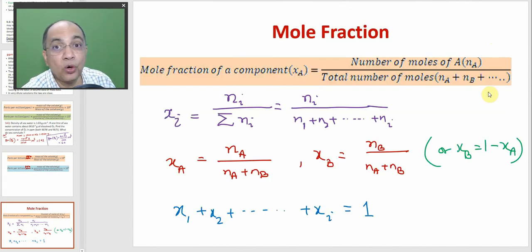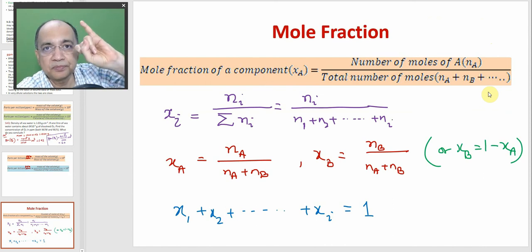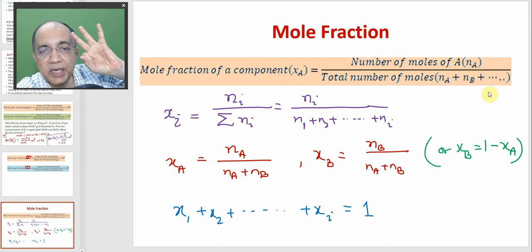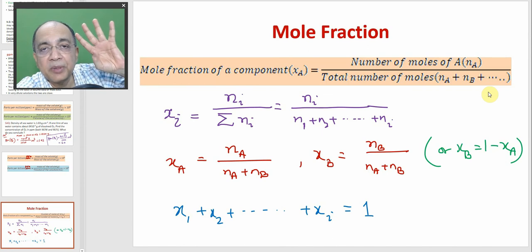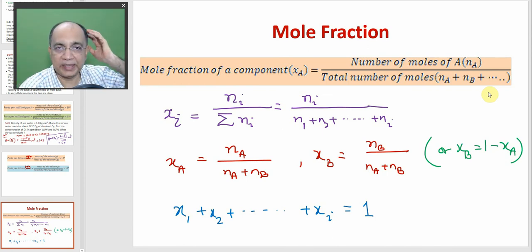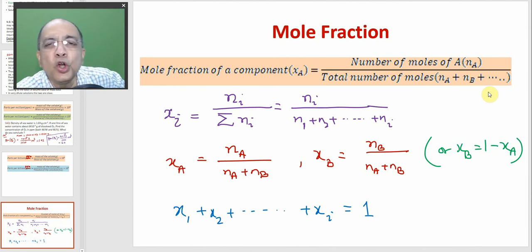Then we go, how many different ways of concentrations we have discussed so far? 1. W by W percent, 2. W by V percent, 3. V by V percent, that is restricted to liquid-liquid mixture, and now ppm and ppb. The fifth way is mole fraction. That I'm sure you know.